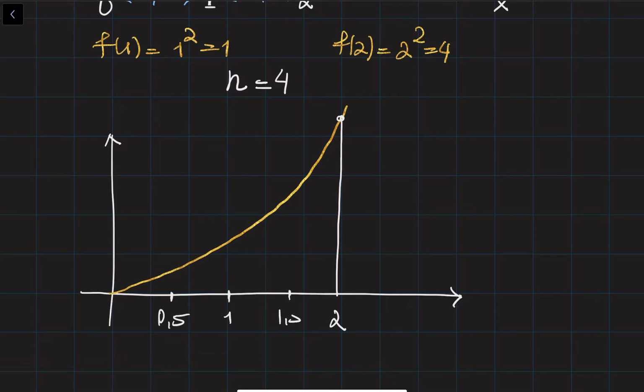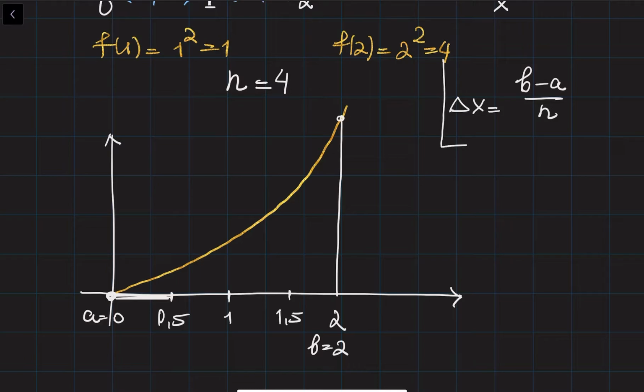So if you're given the region from a to b, let's say from 0 until 2, and the number of rectangles, the width of the rectangles can be found using this formula. The width of each of these pieces, which is going to be equal to 0.5, is equal to b minus a divided by n. This is one of the most important formulas in our concept of finding areas.